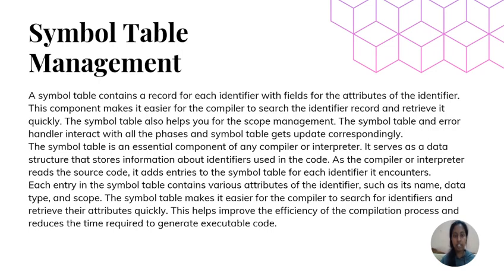Each entry in the symbol table contains various attributes of the identifier, such as its name, data type, and scope. The symbol table makes it easier for the compiler to search for identifiers and retrieve their attributes quickly. This helps to improve the efficiency of the compilation process and reduce the time required to generate executable code.